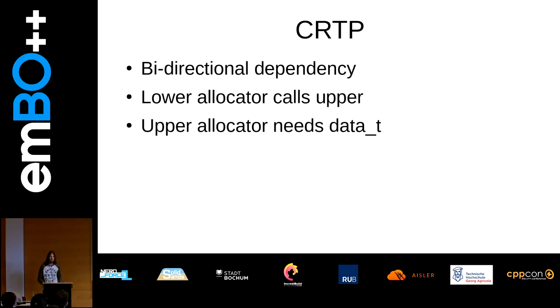This is needed because the child allocators need to be able to allocate from the parent allocators. So we need to be able to pass the type it has to allocate from in some way. And of course, the upper allocator also needs the data type of the lower allocator. So we have this bidirectional dependency that we need to solve.